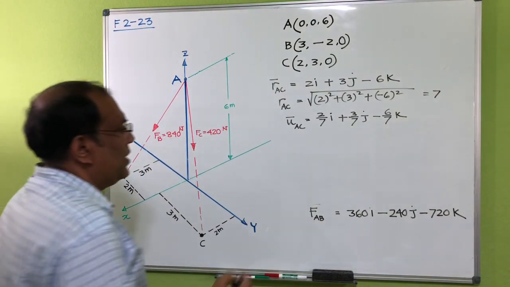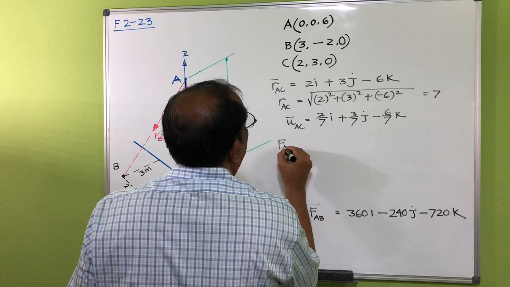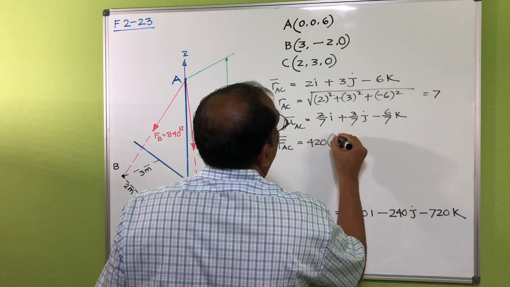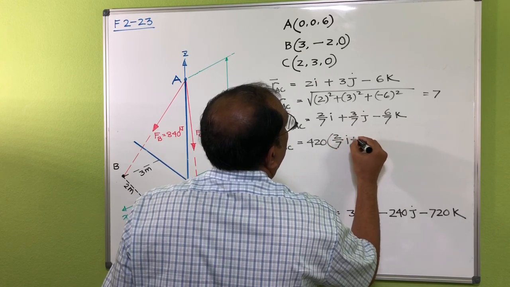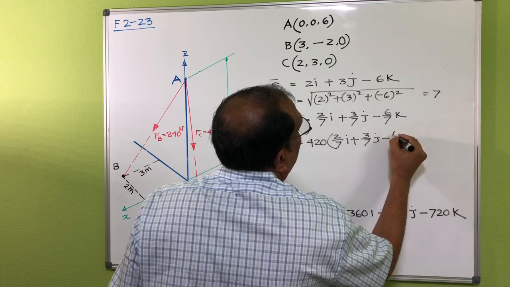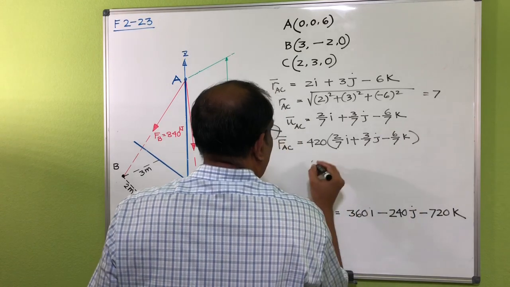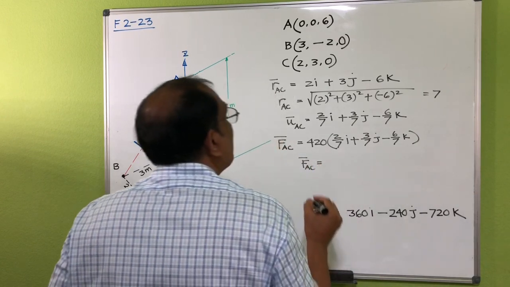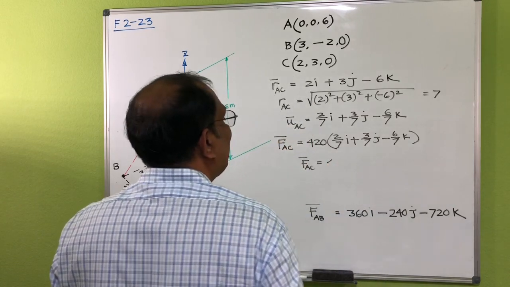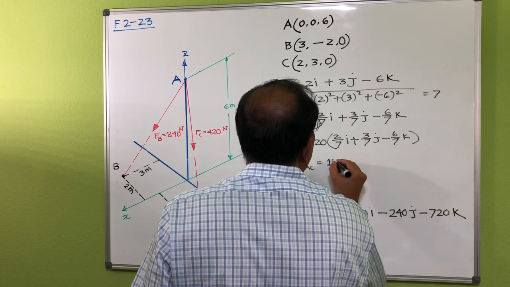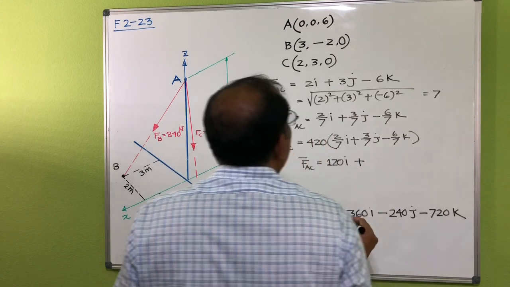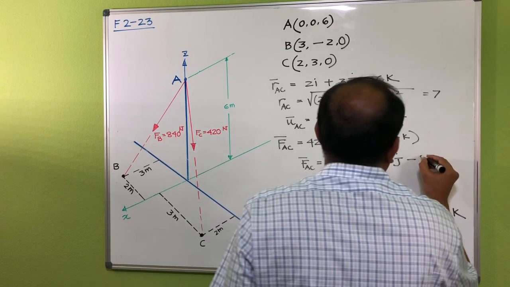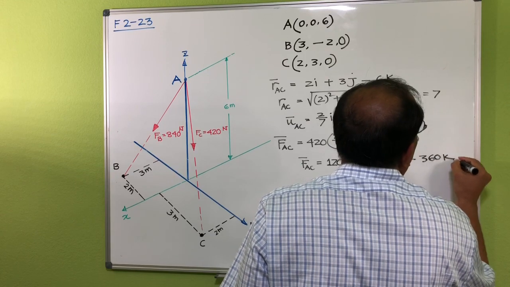Again I can get the force vector FAC, which is the magnitude of that force, 420, times the unit vector. So FAC is 120i plus 180j minus 360k.